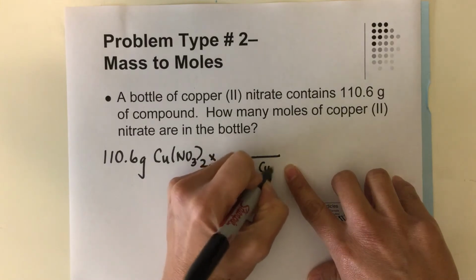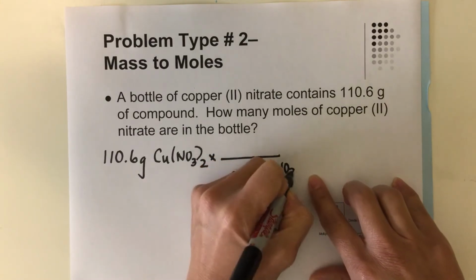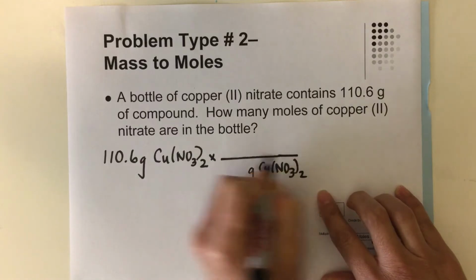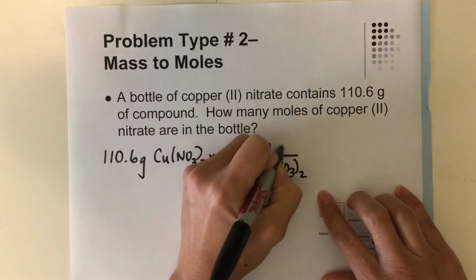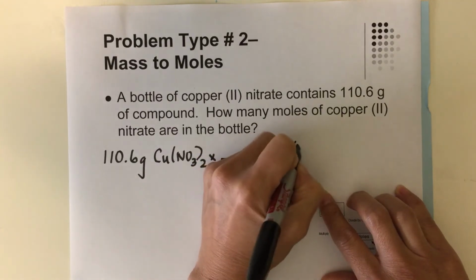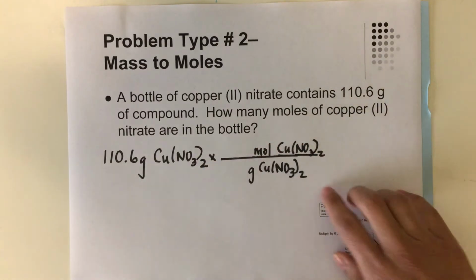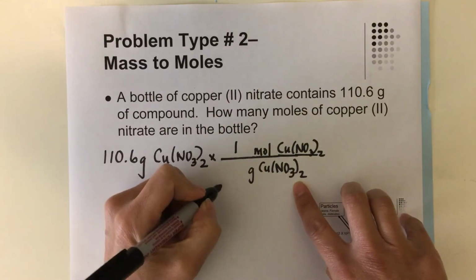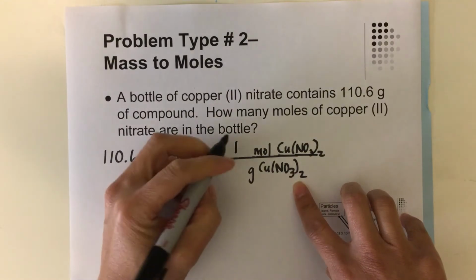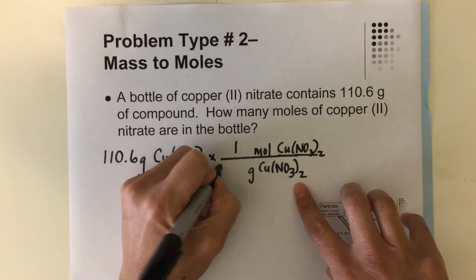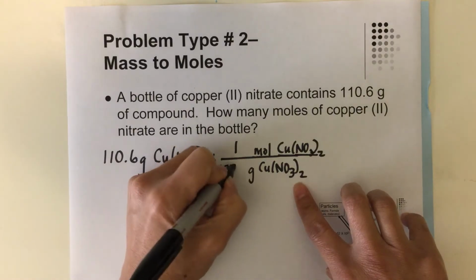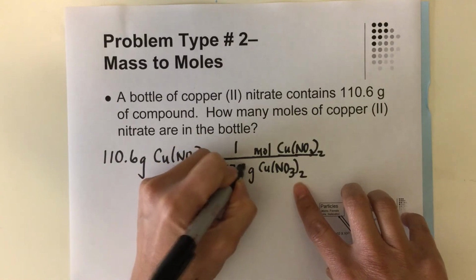So grams of copper 2 nitrate on the bottom, moles of copper 2 nitrate on the top. Noticing I'm labeling all my units of measurements. In 1 mole, there's 187.57 grams.